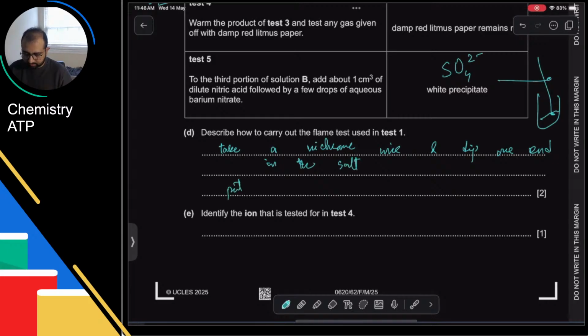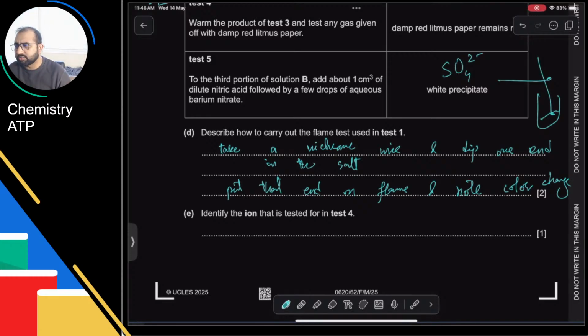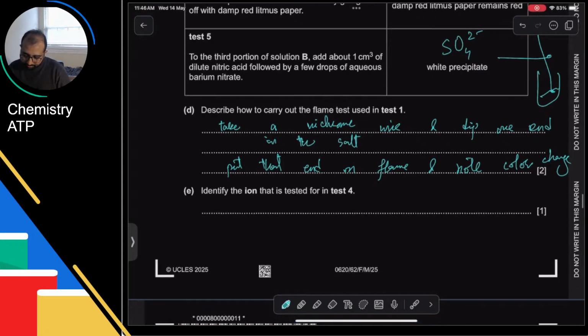Put that end, not the other one, on flame and note the color change. Now you'll notice that this is very different from how the mark scheme says it. Mark scheme has different words. I haven't seen the mark scheme for this one yet, but that doesn't matter. The point is that whatever you're doing, you have to make practical sense, and should show that you understand how it's done in the lab, whether you're doing it in the lab or not.